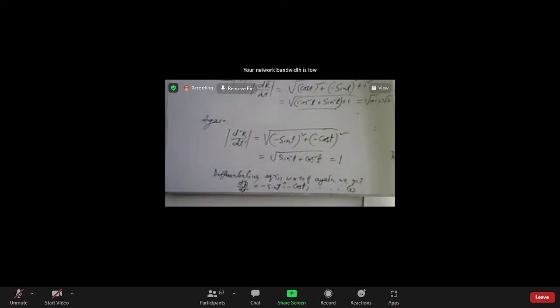Clear? Any doubt here? Any problem if I do not give the exact same problem? If we change the function, r is equal to cos square t i plus sin square t j plus t square k, can you find out the magnitude of the derivative and the derivative?